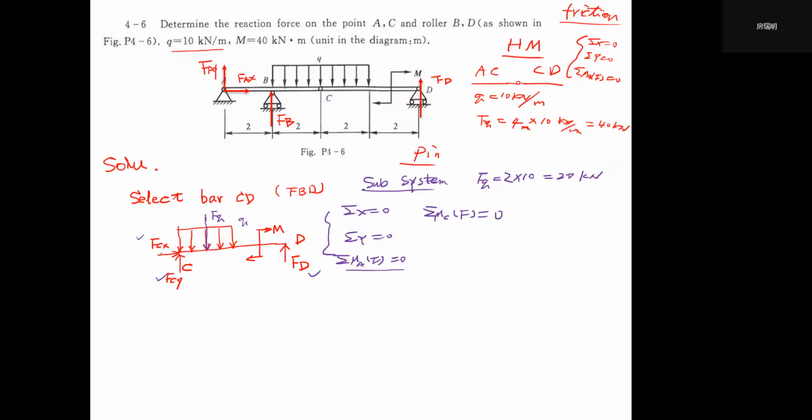Although we do not know their magnitudes, when we select point C as the point for the moment equation, we do not need to consider these two unknowns. So it is a trick. So from the rightmost to the left until point C, we have this equation.